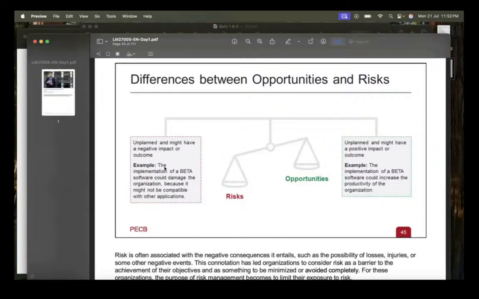So it can have a negative impact. It means it can have a risk, and at the same time, there are opportunities as well. Like it can increase the productivity of the organization if the beta version works properly. So this is how we differentiate, and we can say that this is the difference between opportunities and risk.